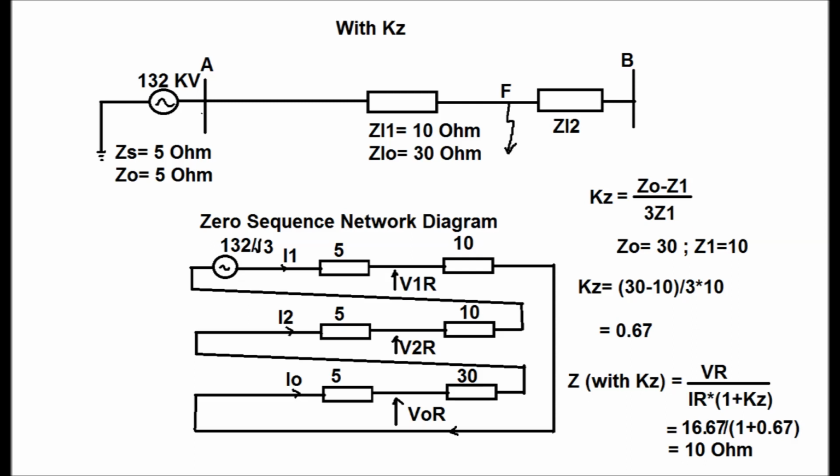Now if I calculate the impedance sensed by the relay with KZ, it is equal to VR by IR into 1 plus KZ. Since VR by IR calculated in the previous case was 16.67, divided by 1 plus 0.67, KZ being 0.67, it comes equal to 10.